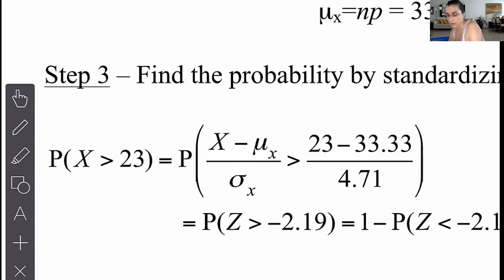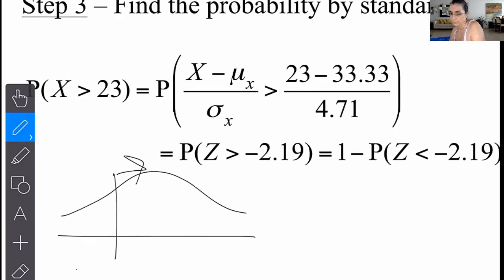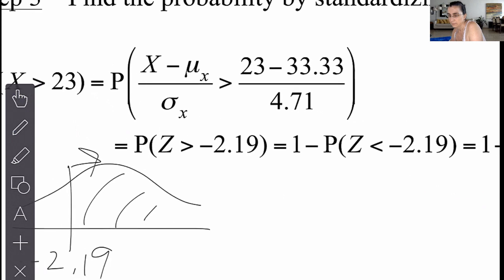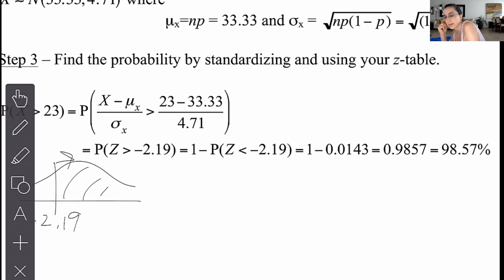So drawing a quick picture, negative 2.19 is here, and I want to go this way. And this is what you want to get. That's not in the table, so we have to go the other way to be in the table. So we take 1 minus that to get the answer. Okay. So the answer is 98.57.